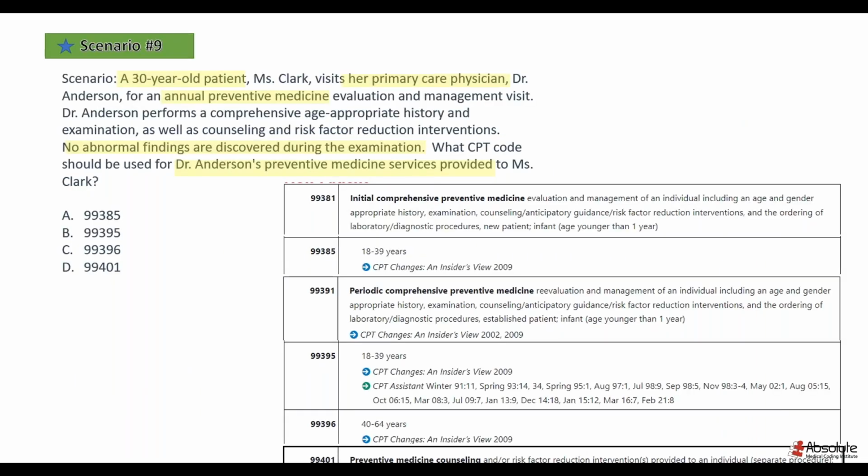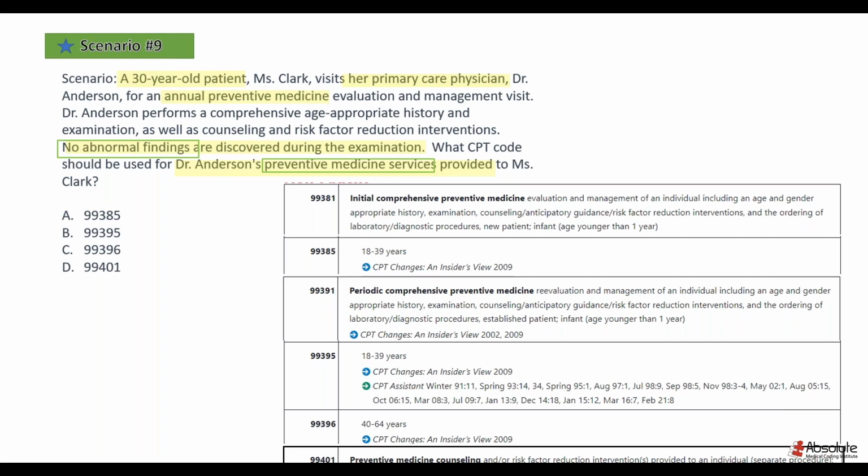Coders, let's do some inventory here. What are we coding here? We are coding for preventive medicine services. As I said in the beginning in the guidelines, we can code an evaluation and management visit along with the preventive medicine services if there was any problem addressed and managed.